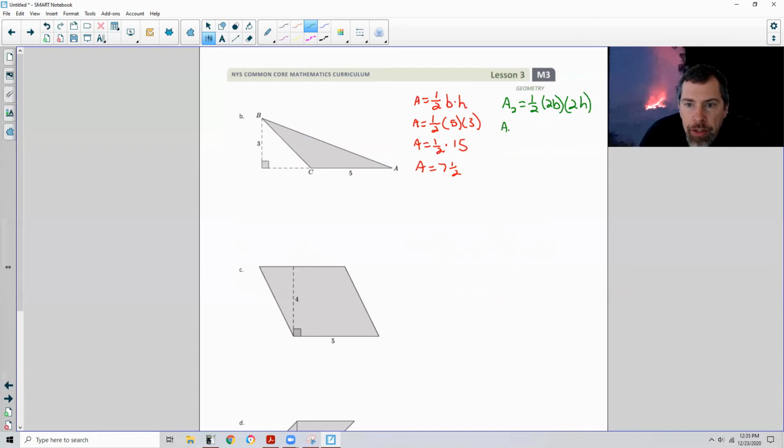So the area scaled up by 2 will be 1/2, 2 times 5, and 2 times 3. This 1/2 will cancel the 2, 5 times 3 times 2 is 30. The area is 30. And it is a 10 by 6, doubling this. Okay, 10 by 6.